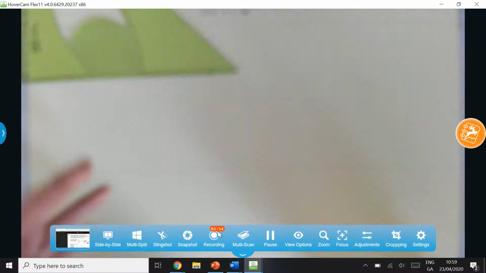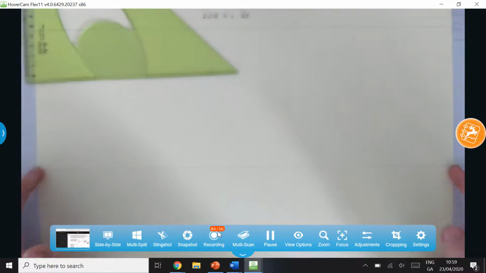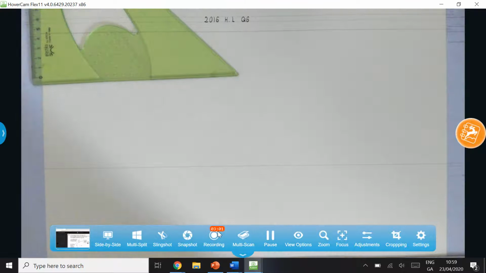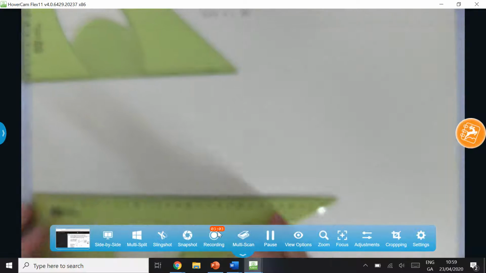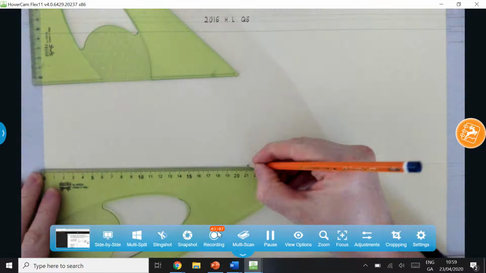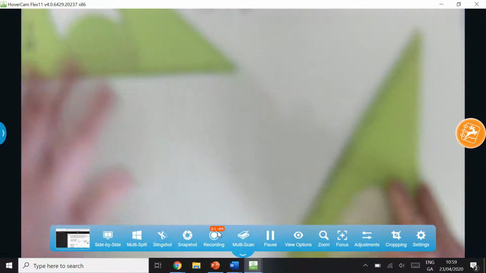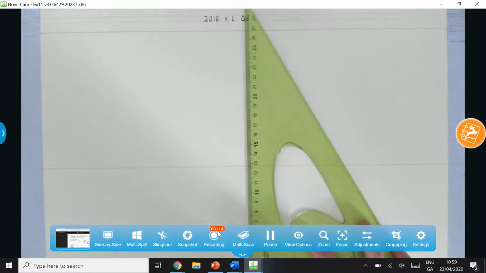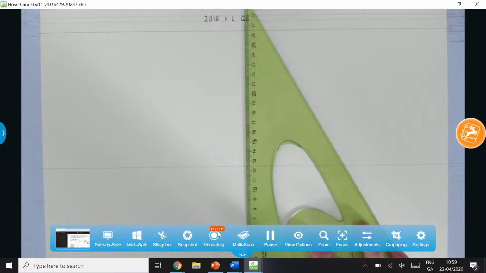Now the overall width of my page here is 420 mil. So to find the exact center point of my page, I'm going to measure in half that, which is 210. And just going to draw a vertical line up through our page, and this is a construction line as well.